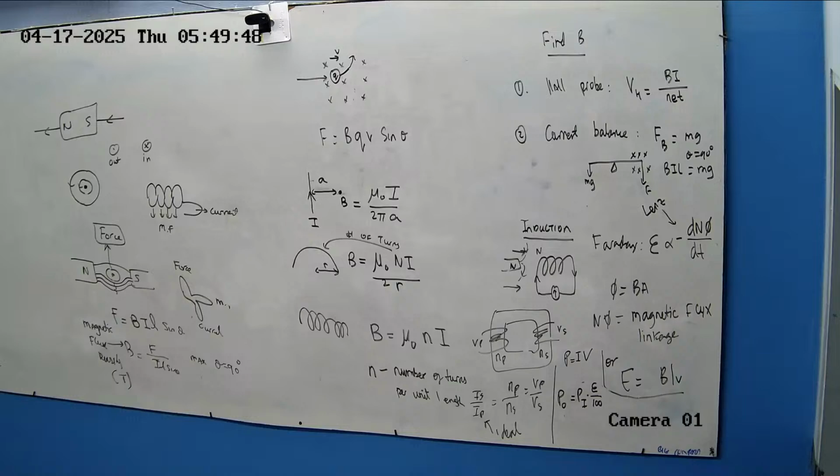That's the flux density. Draw a labeled diagram to illustrate the direction of the force acting on a straight conductor in a uniform magnetic field. What are you talking about there?